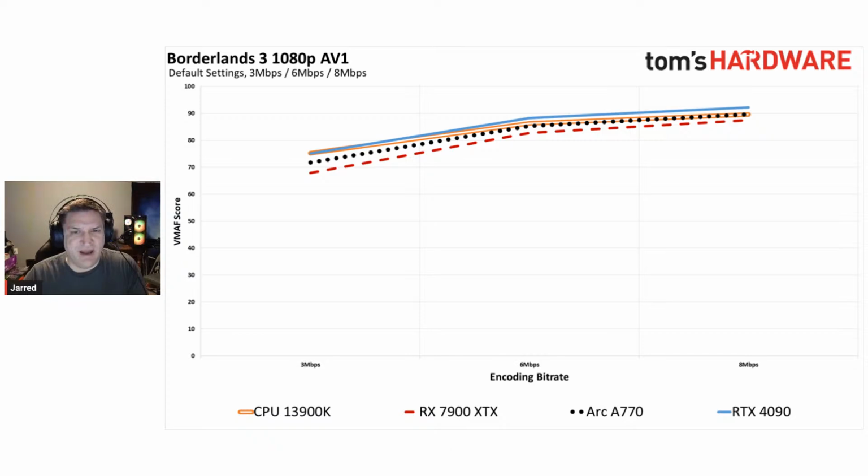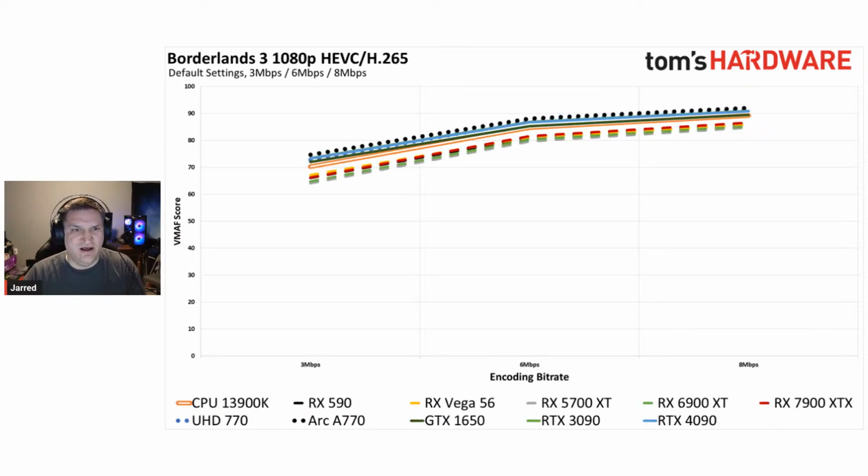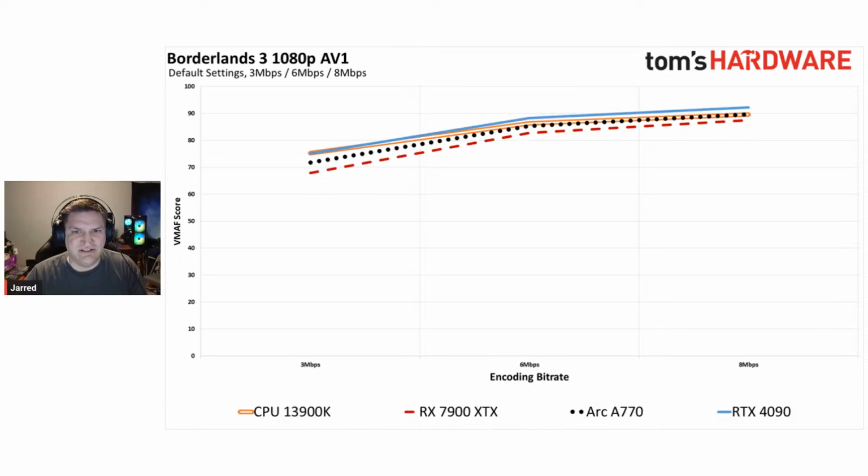You can see if I flip back and forth from HEVC to AV1, the lines on average go up a little bit with AV1, I think. AMD's 7900 increases slightly. The 4090 increases slightly. Arc actually decreases a bit.